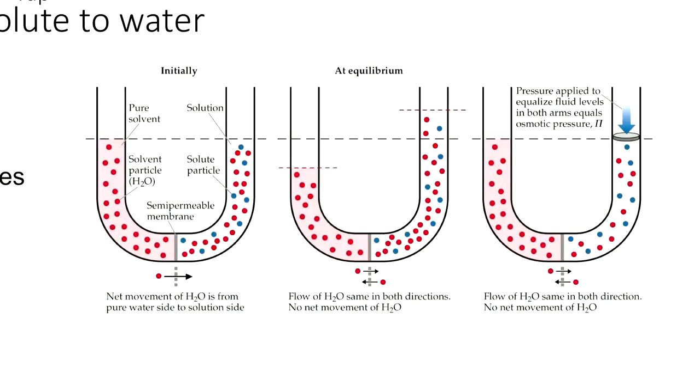you have two solutions separated by a semi-permeable membrane. What the semi-permeable membrane means is it separates the two solutions, but it's semi-permeable, meaning that only water can move between both sides, all right?